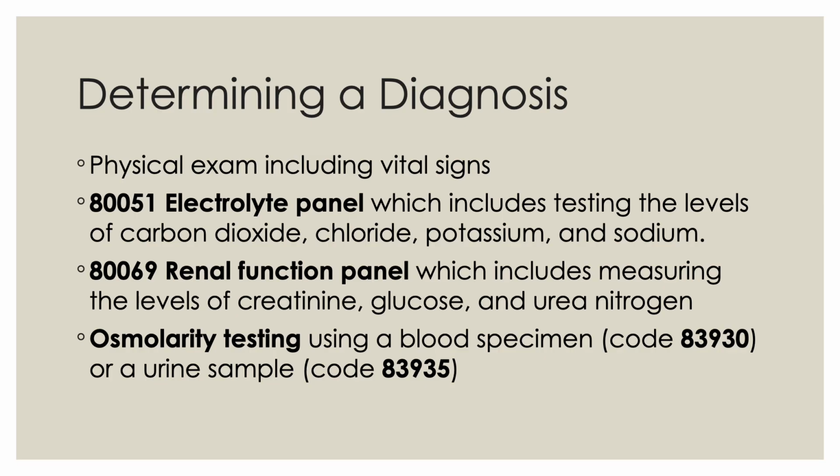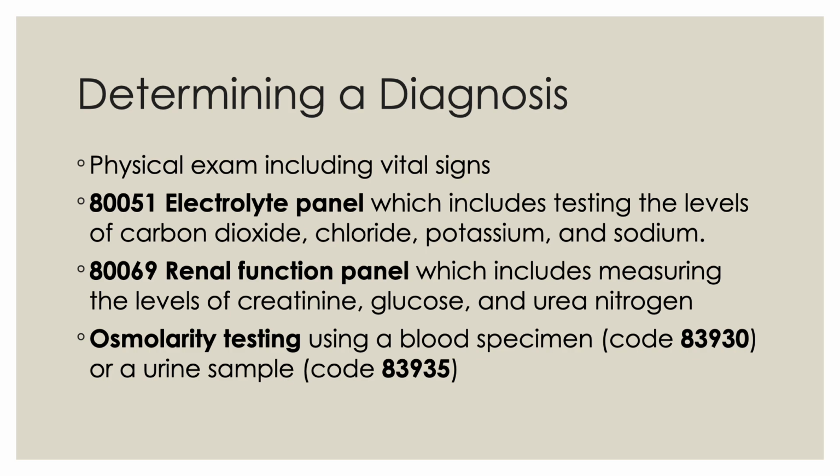The renal function panel, you all remember, renal is kidneys, 80069, which includes levels of creatinine, glucose, and urea nitrogen, which again are all indicative or potentially indicative of dehydration.